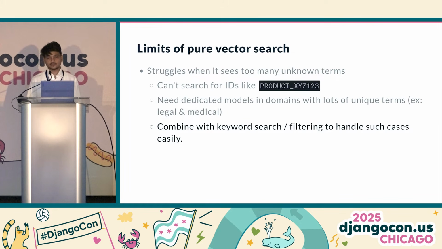So the solution in such cases is either to fine tune your model, which is something your data science team will do. But the simpler solution is to combine it with keyword search and filtering to handle such cases. The long-term solution is to fine tune. The whole point is that when you train your model on your data, it becomes more statistically relevant, and the end results are going to be better.